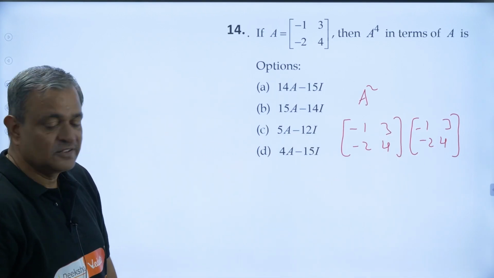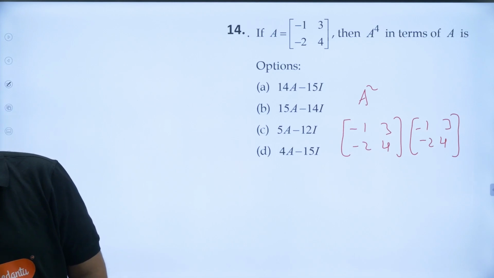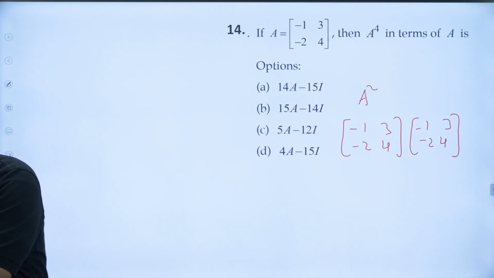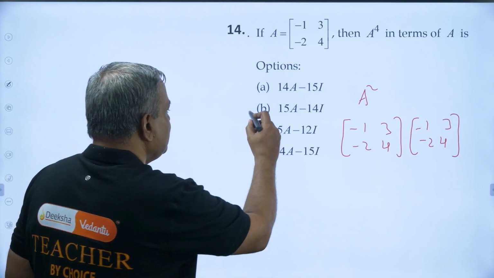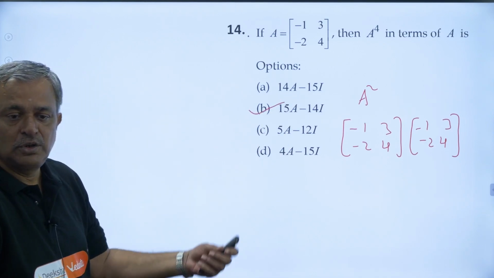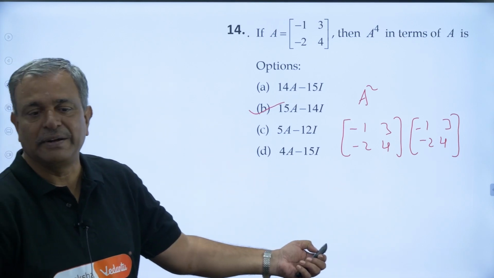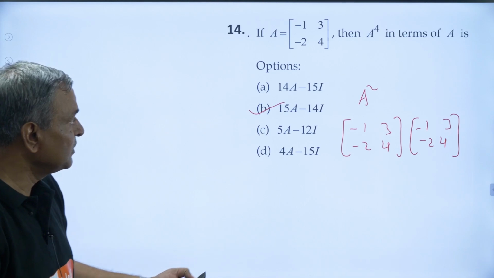You get your required answer. This will give you option B. I'm giving you this to solve properly; you only have to multiply A square and A square, you get your required result.